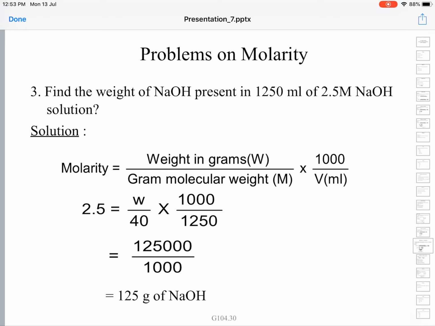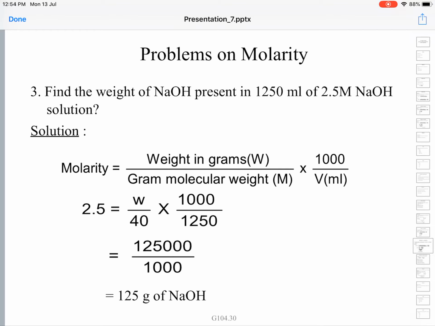The formula of molarity is weight in grams divided by gram molecular weight, into 1000 by volume in ml.